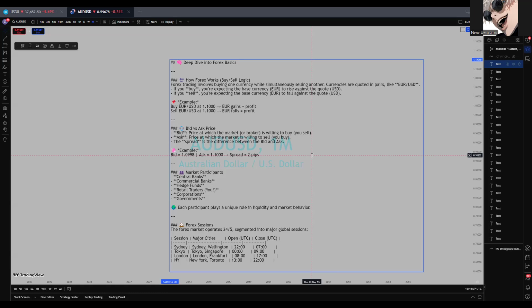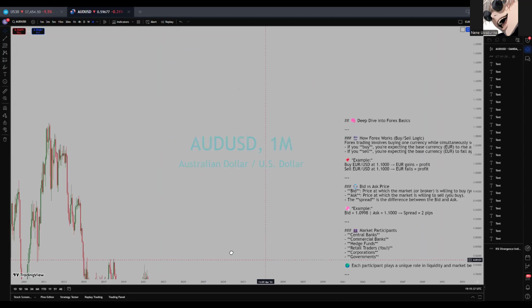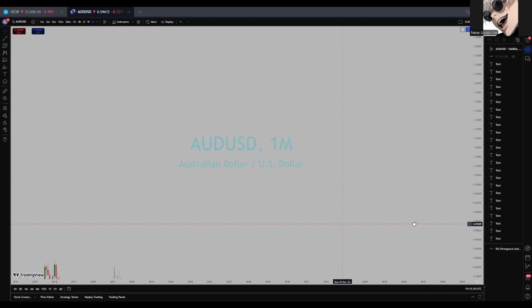So if you are buying your name, it means you're saying your name is stronger than your surname, so you're selling your surname. But if your surname is stronger than your name, you are going to be selling your own name. You understand? If you understand, send a message, send one on the chat. If you don't understand, I'm going to use another analogy to explain this.